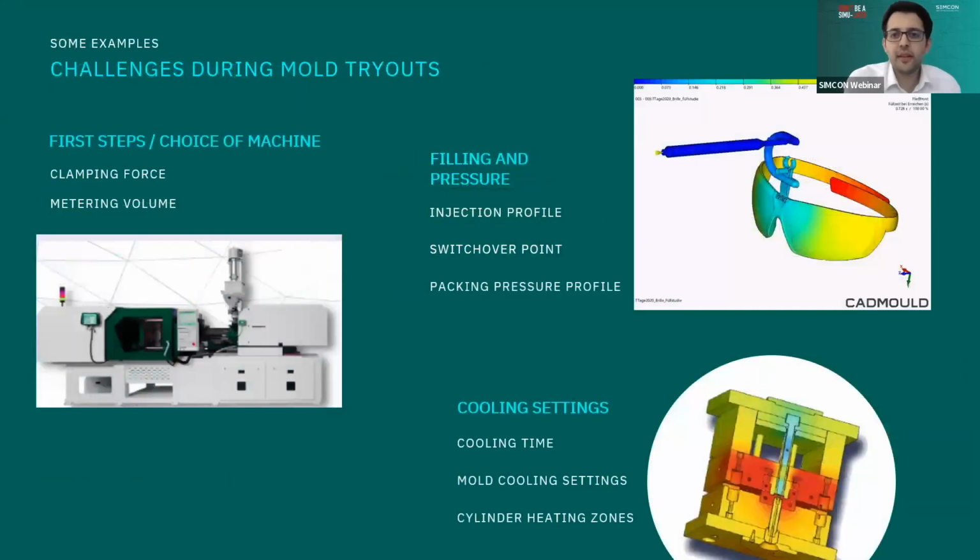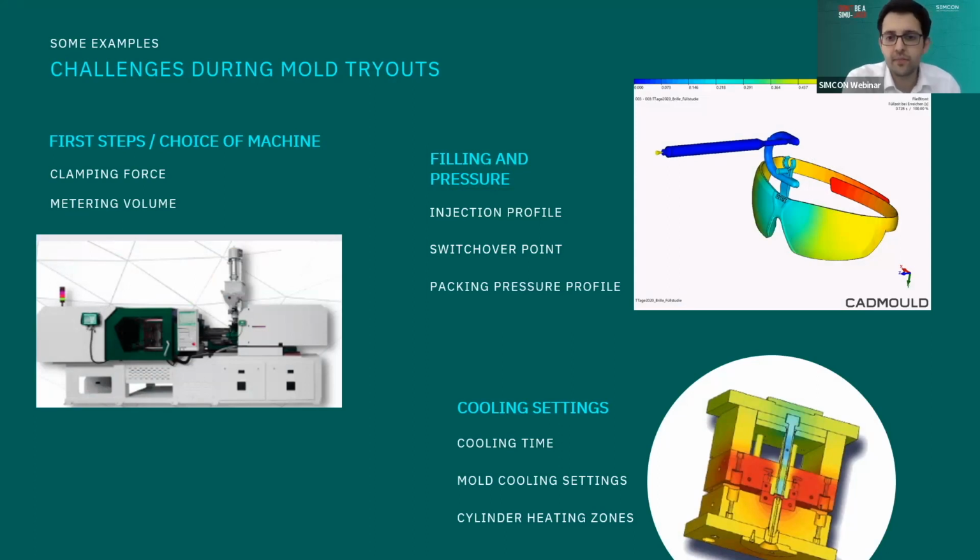On the shop floor, there are some challenges where simulation can be used. Here is a short overview with basically three topics. The first is the choice of the machine.